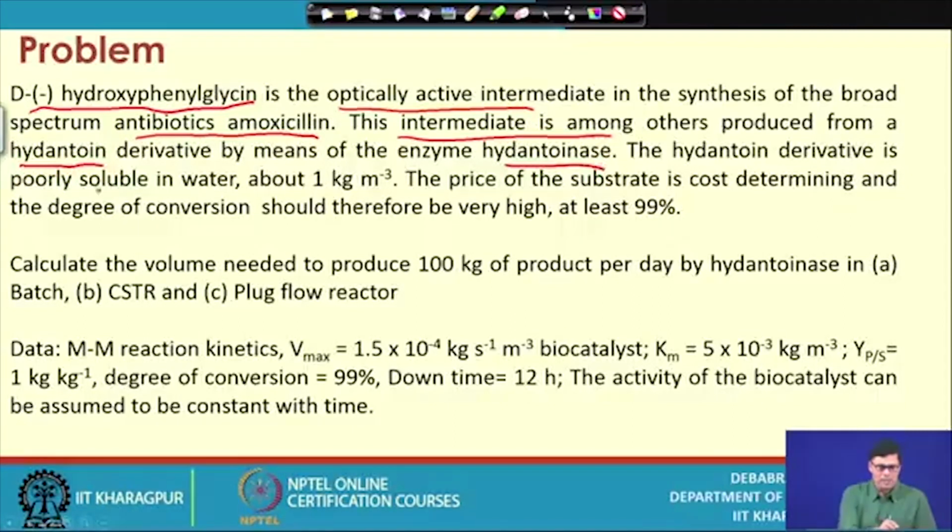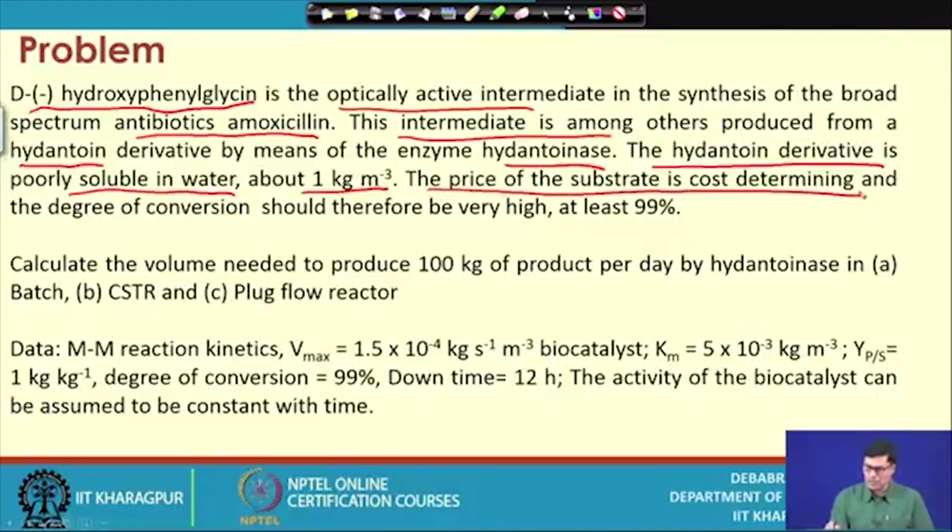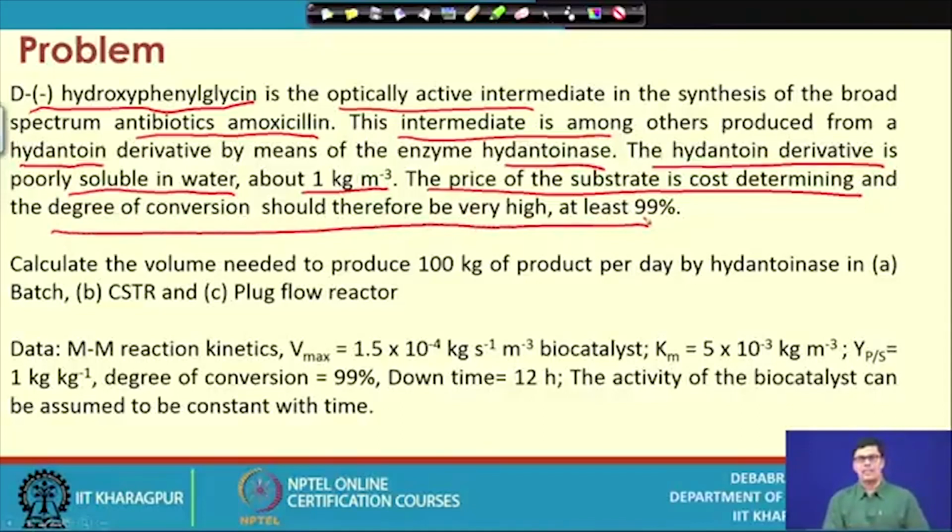So the hydantoin derivative is the substrate. It is poorly soluble in water, about 1 kg per cubic meter, so the price of the substrate is cost determining, and the degree of conversion should therefore be at least 99%. The cost of the substrate is very high, so the main purpose of this enzymatic reaction is to get a conversion efficiency as high as 99%.